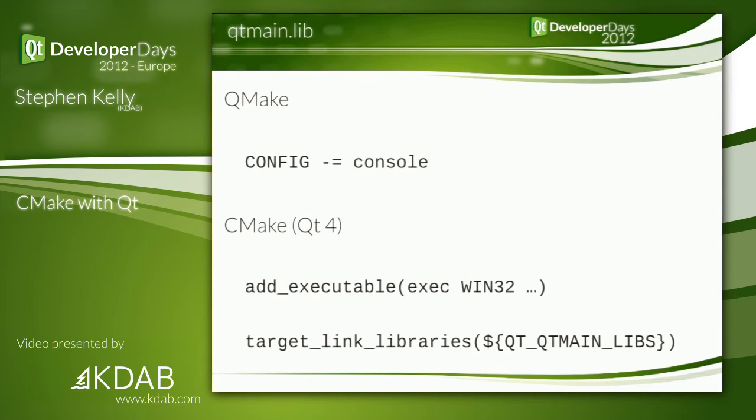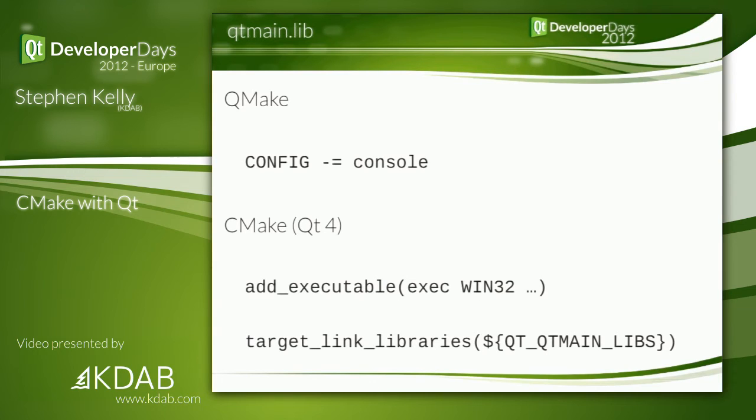So onto the qtmain lib problem. In QMake, it's automatically linked in, and if you want to create a real console application with QMake, you need to tell QMake to do the opposite. You need to, oh, that should be a plus equals. You need to say CONFIG += console or so, and that will make QMake not link in the qtmain.lib library.